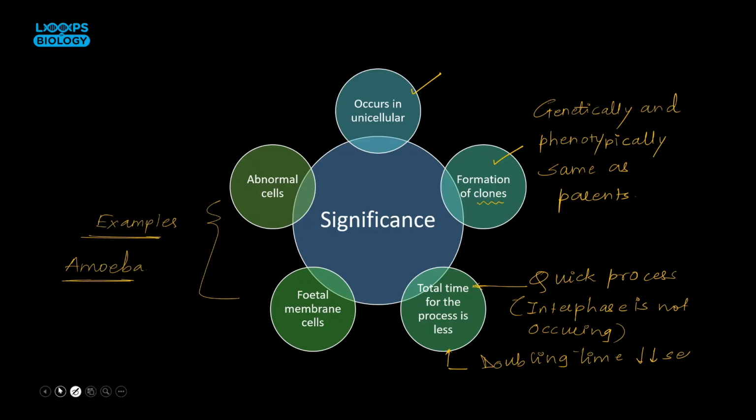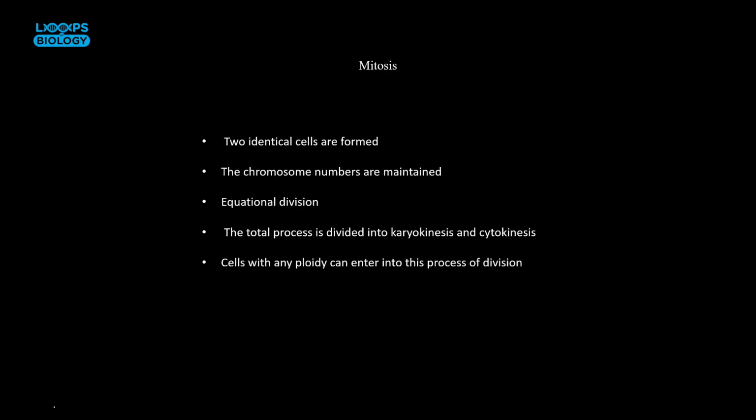Alright, so let's move on to your next one of the important type of cell division called as mitosis. Now in mitosis I am going to get two identical cells. There is no as such a problem that the cells are not identical to each other.